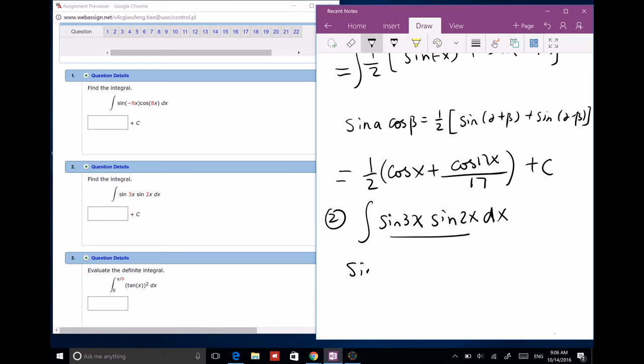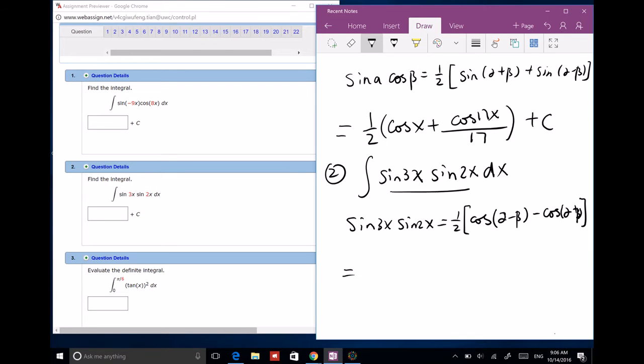The formula is sine alpha sine beta, which equals half of cosine alpha minus beta minus cosine alpha plus beta. And then you have half of cosine x minus cosine 5x dx.